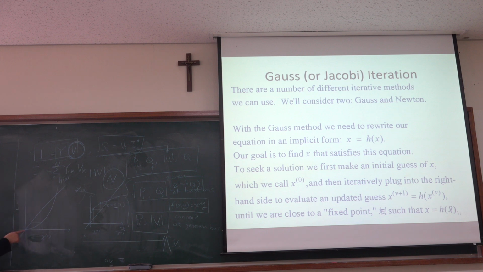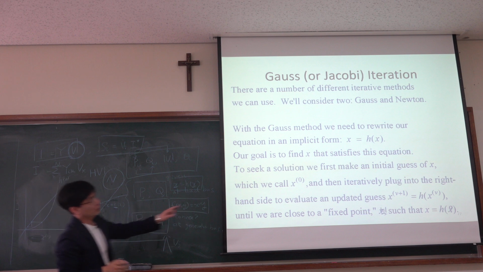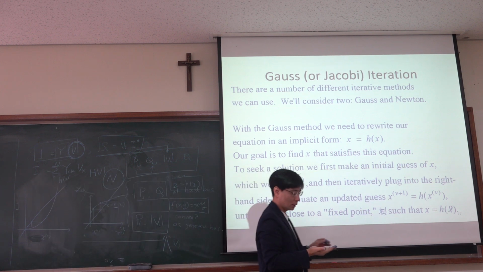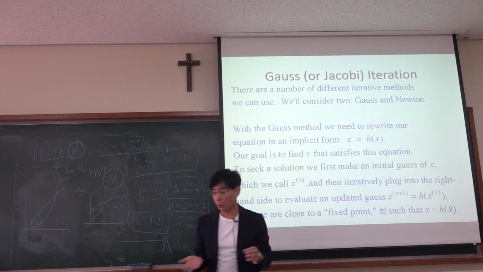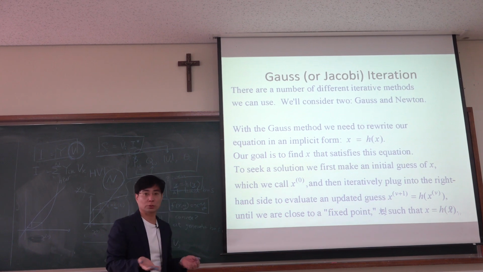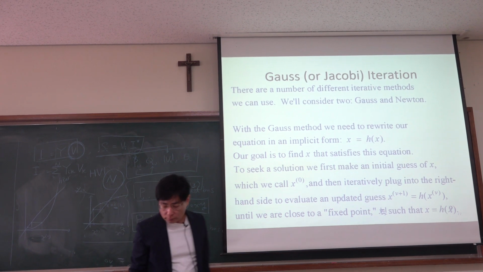Oh, it has another fixed point. This is not what I intended. So what I want to tell you is that we go in another direction, so we cannot converge to this point. So this Gauss iteration does not always work. Sometimes it works, but sometimes it does not converge to the value.